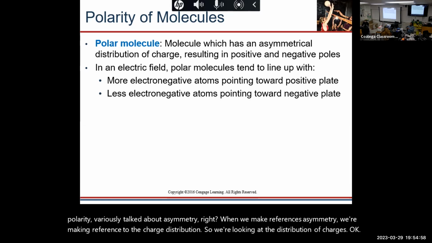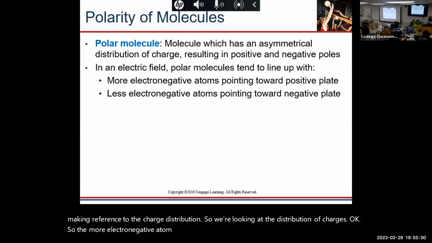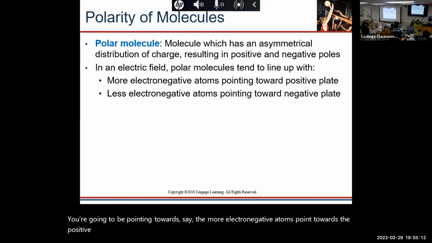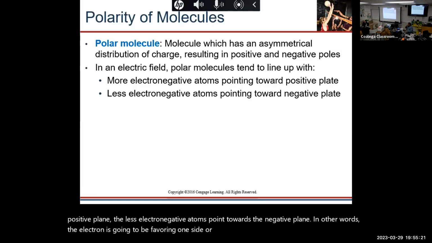The more electronegative atoms point towards the positive plane, the less electronegative atoms point towards the negative plane. In other words, the electron is going to be favoring one side or the other, if there's a polarity.